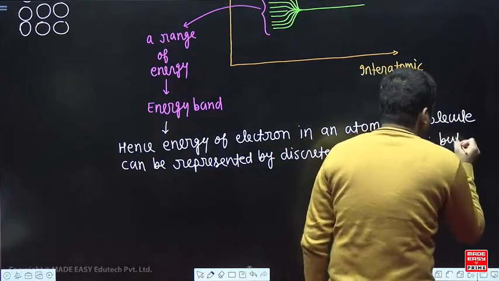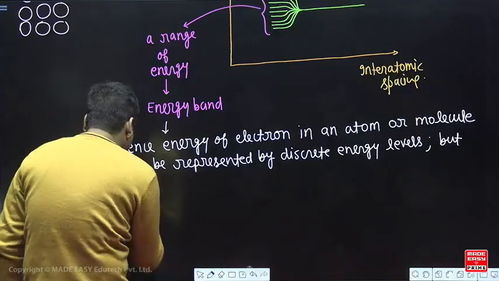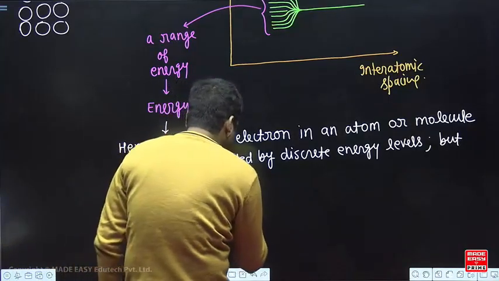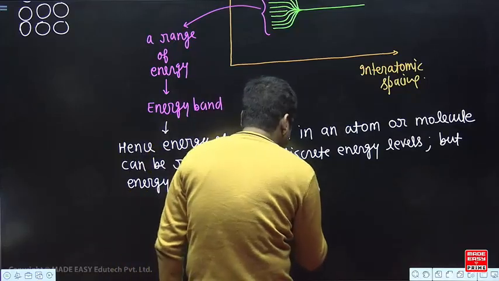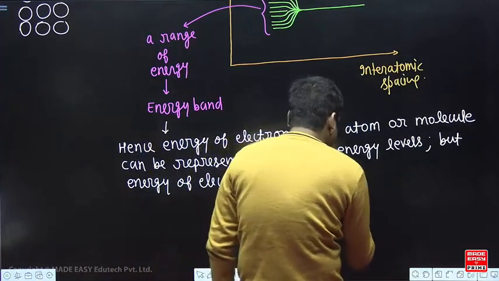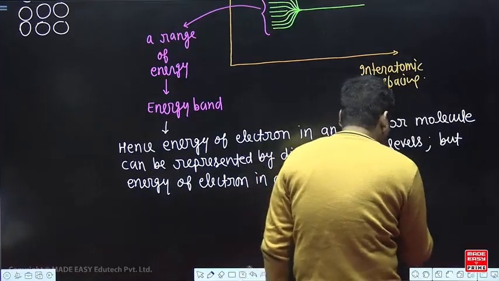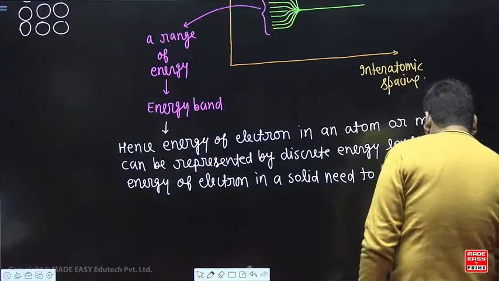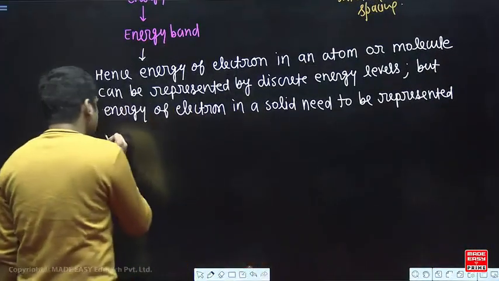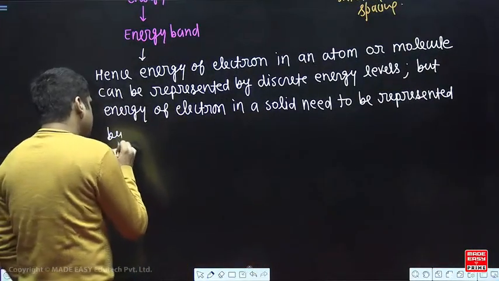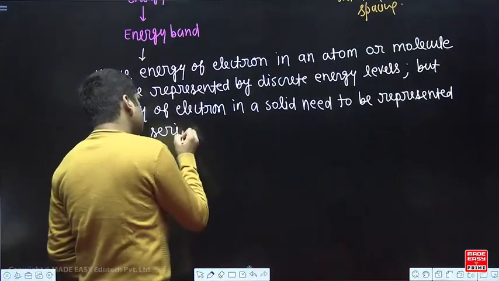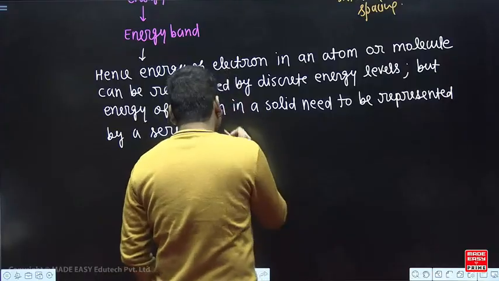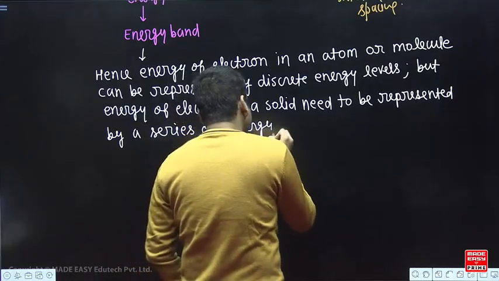But energy of electron in a solid needs to be represented by a series of energy levels.